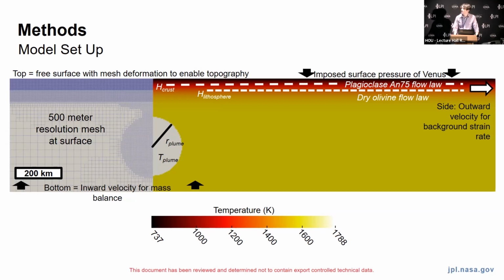And over on the left here, you can see the initial resolution. So very, very fine at the surface, so we can record topography, 500-meter resolution. And then this is allowed to evolve over time. So as this ball rises up, it'll resolve up where it needs to and unresolved down below.